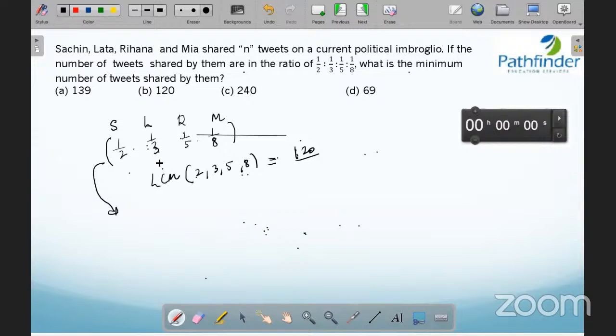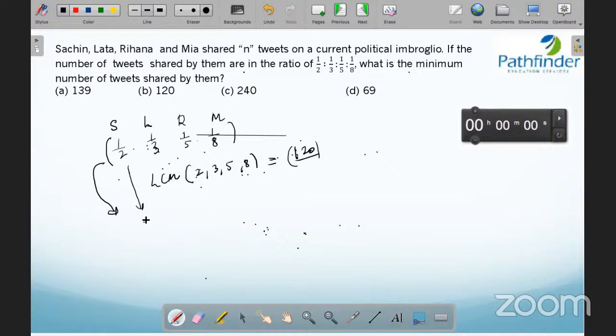I have to get a proper ratio. This ratio is in fractions. To get this fractional ratio into a proper ratio, I need to multiply all of these ratios by a common multiple of 2, 3, 5, 8.